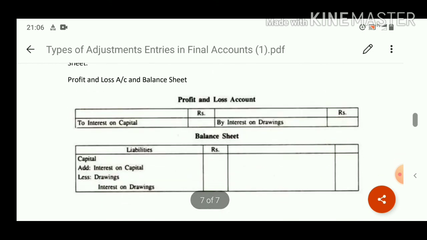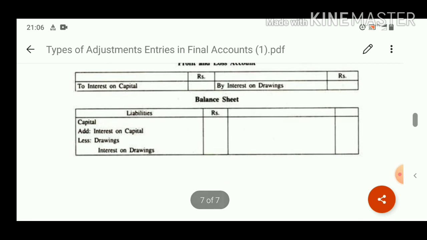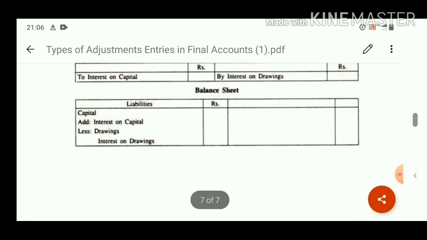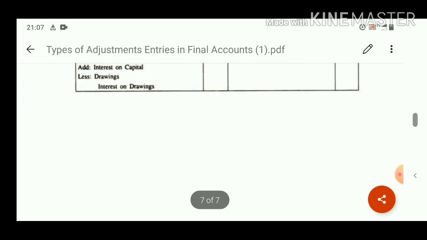So in the profit and loss account, interest on capital is an expense for the business, so it is going to be recorded on the debit side, and interest on drawings is an income for the business, so it is going to be recorded on the credit side of the profit and loss account, and it has to be adjusted in the capital in the balance sheet, as the interest on capital is added to the capital, and you will deduct the drawings and deduct the interest on drawings also.